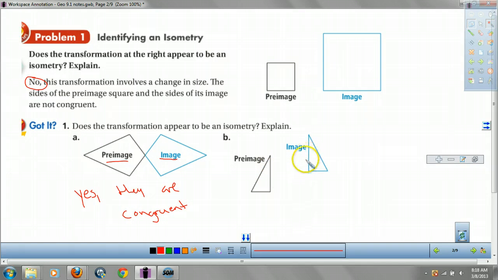Your pre-image and image are congruent. They're just in a different spot now. So these are both yes, they are congruent. That makes it an isometry. Iso means equal.